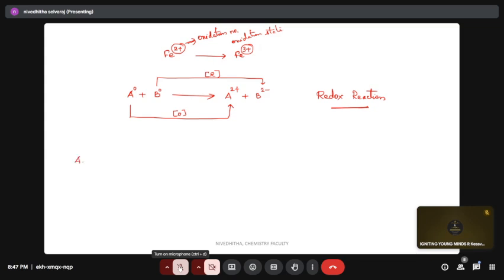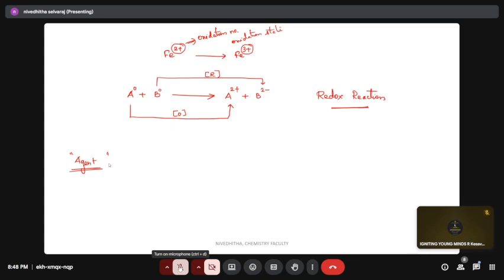First of all, what is an agent? An agent is someone who is supportive for a process to occur, someone who is responsible for any process to occur.